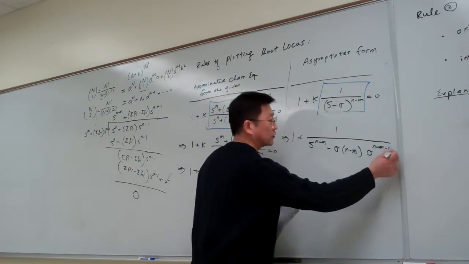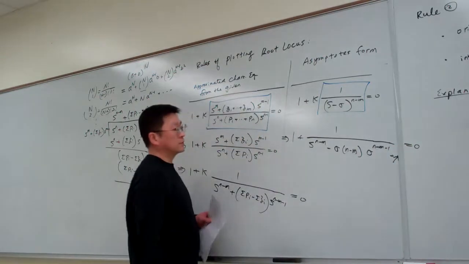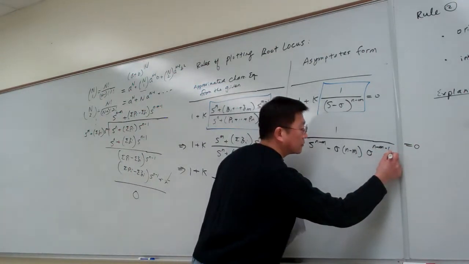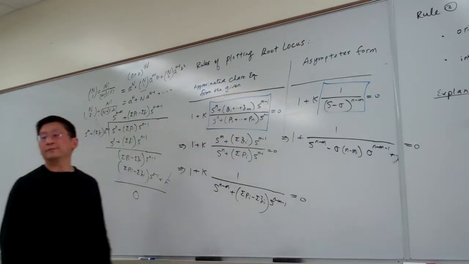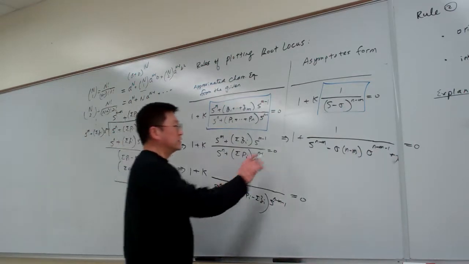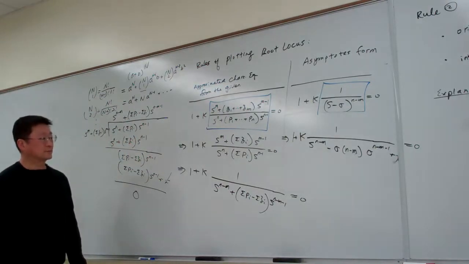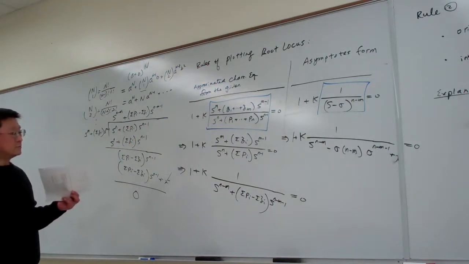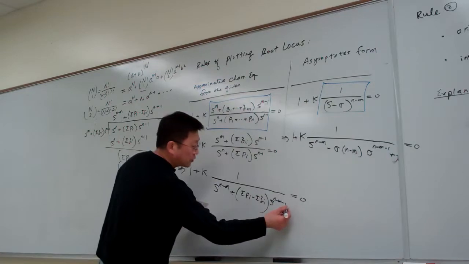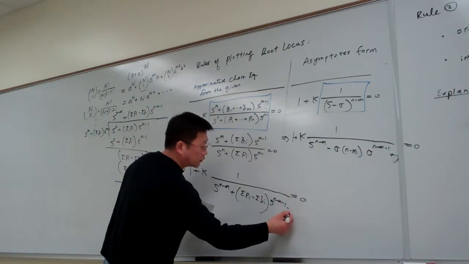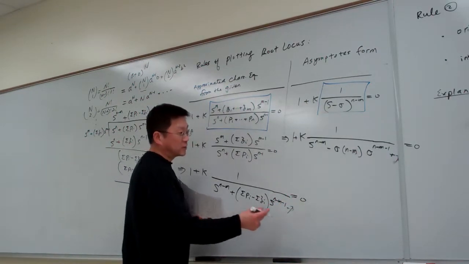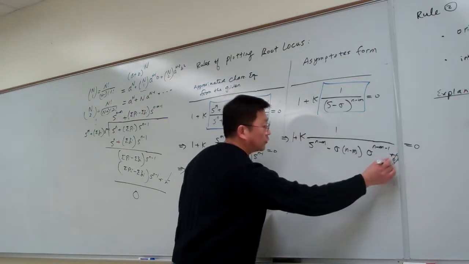So let me ignore the lower order term here. Okay. Does there need to be a K in front? Yes, thank you. Yeah, the K is here. Sorry. So again here we have ignored the lower order terms. So we approximate here. Again we ignore the lower order terms here.